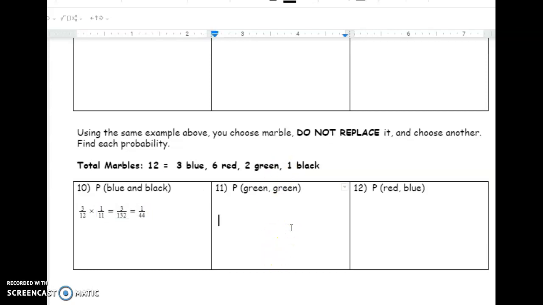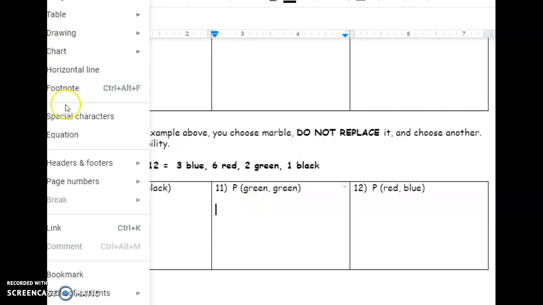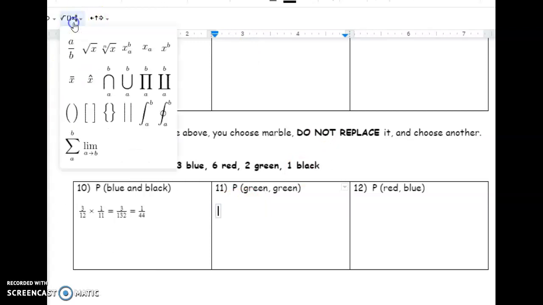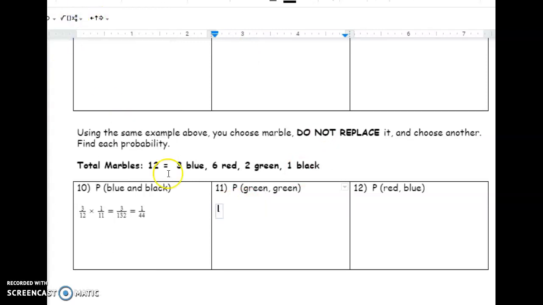Now let's look at green and green. Let me insert my equation because I need a fraction. Probability of getting 1 green marble. In this case, we have 2 green marbles out of 12. So in my hand now I have 1 green marble.